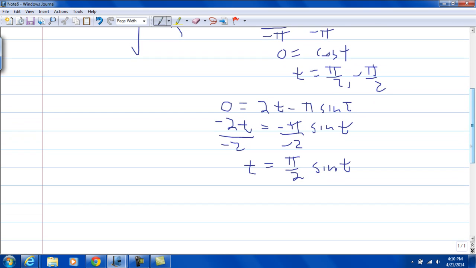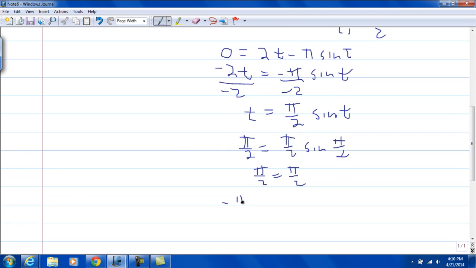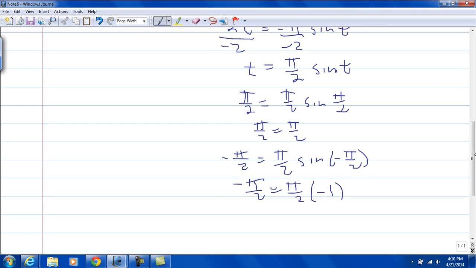If you plug in, for example, pi over 2, does pi over 2 equal pi over 2 sine of pi over 2? Yeah, it does. Pi over 2 equals pi over 2. And likewise, does negative pi over 2 equal pi over 2 sine of negative pi over 2? Well, sine of negative pi over 2 is negative 1. So that would be negative pi over 2. So that works.